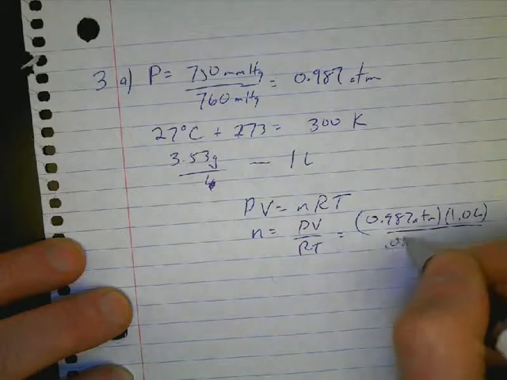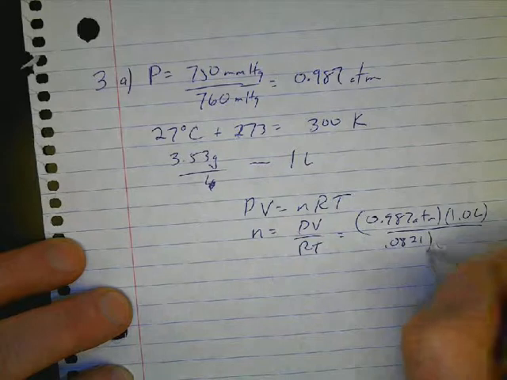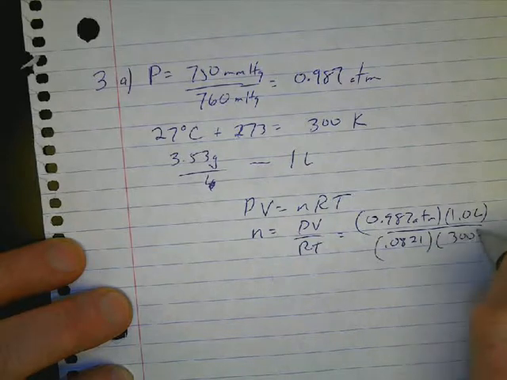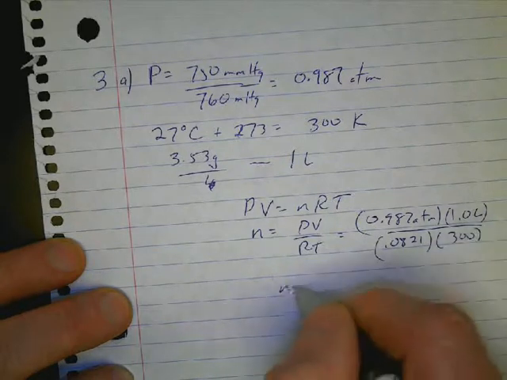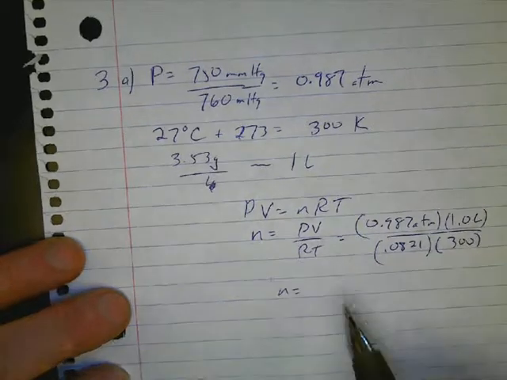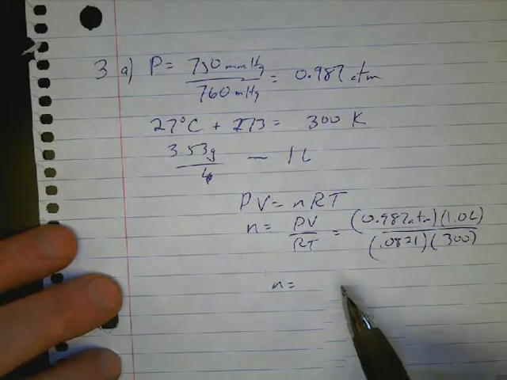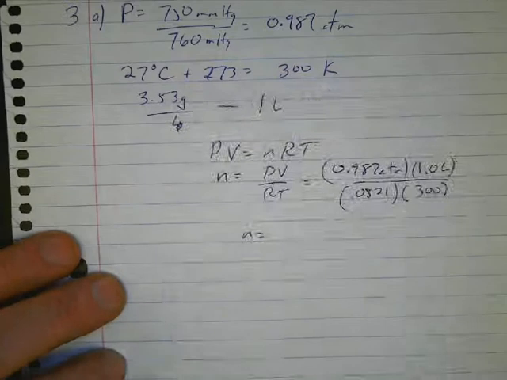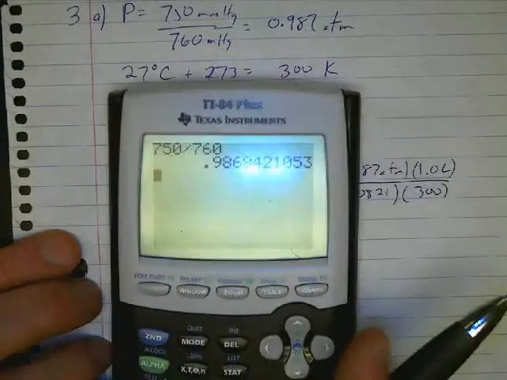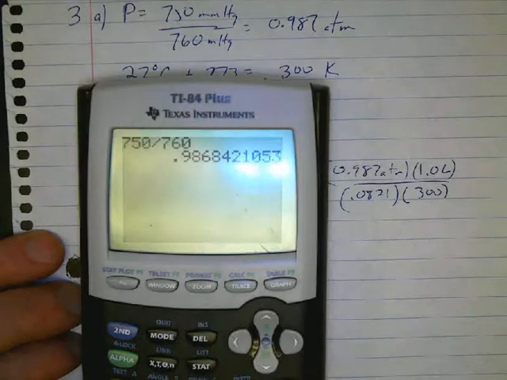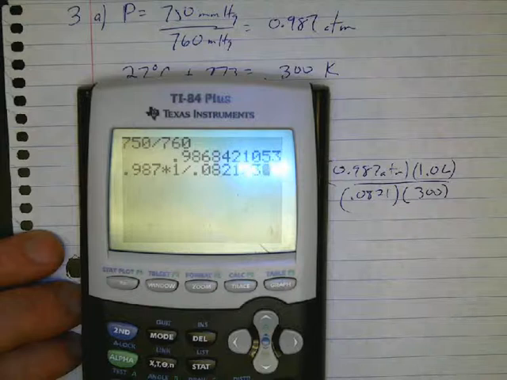And T is 300 Kelvin. Okay, so the number of moles in this sample at this particular volume is equal to 0.987 times 1 divided by 0.0821 divided by 300 equals 0.04007.